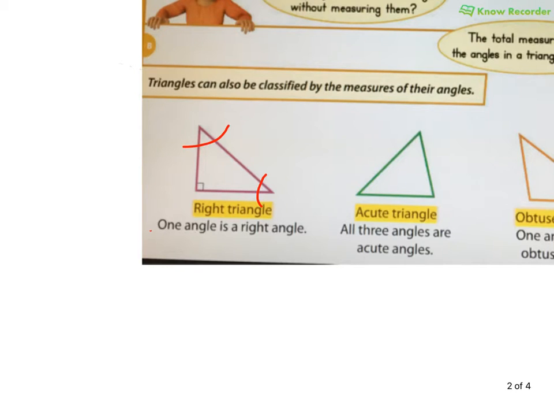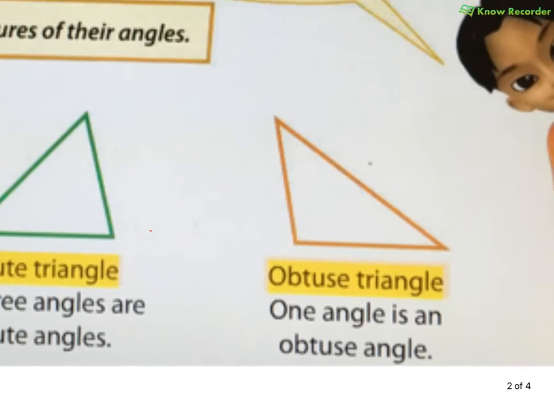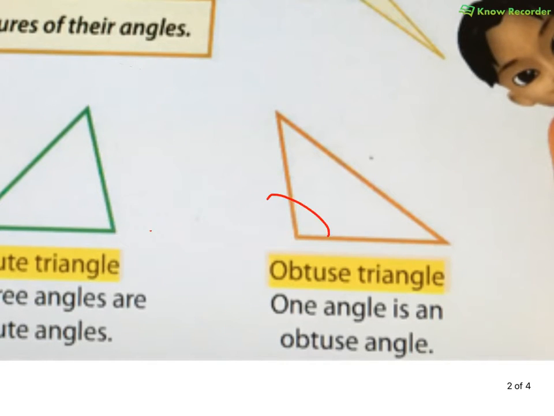I'm going to tell you why in a sec. An obtuse triangle has one obtuse angle. That angle is greater than 90 degrees. And then there are two acute angles. There will always be at least two acute angles, guys.